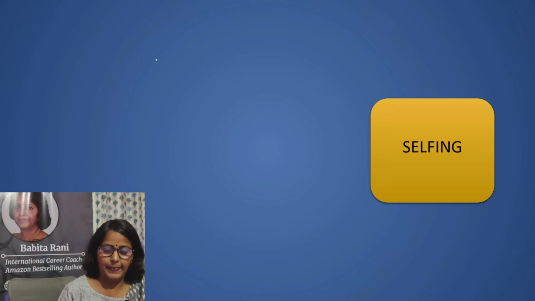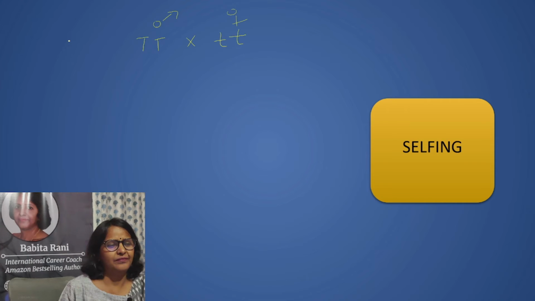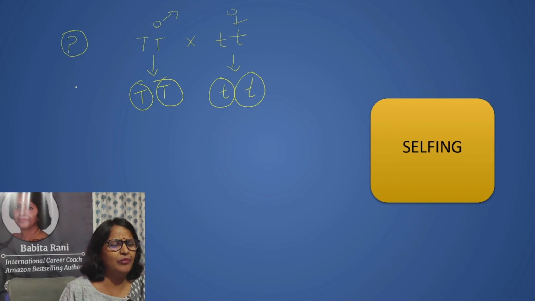Selfing. Suppose we are studying any character. We have taken 2 traits. This is the symbol for male, this is the symbol for female. I am writing P for parent. This will produce 2 gametes, both of the same type. This will also produce 2 gametes, both of the same type.